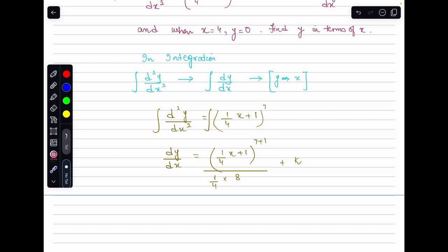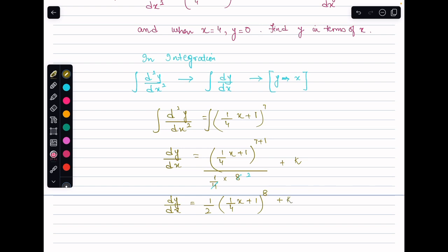Here the 4 and 8 shall get simplified, giving 1 and 2, so that my first derivative equation becomes dy by dx equals 1 by 2 times (4x plus 1) to the power 7 plus 1, giving me an 8, and then plus k.